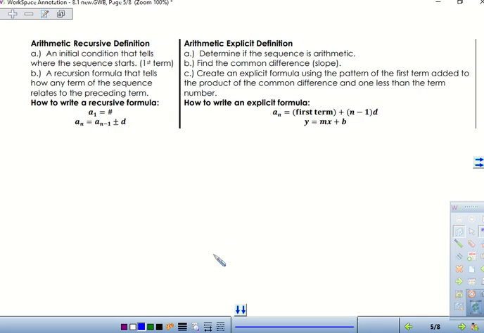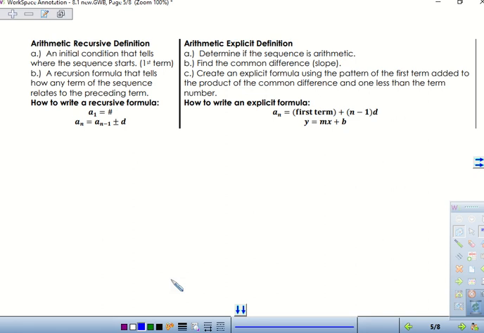So let's talk about the types of formulas you're going to see. Yes? Is a sub 0, do you count that as your term? No, you do not. It's a concept, not actually part of your sequence. So we have the arithmetic recursive definition. So recursive means something is reoccurring, okay? Recursive formula is only useful for one thing, really.